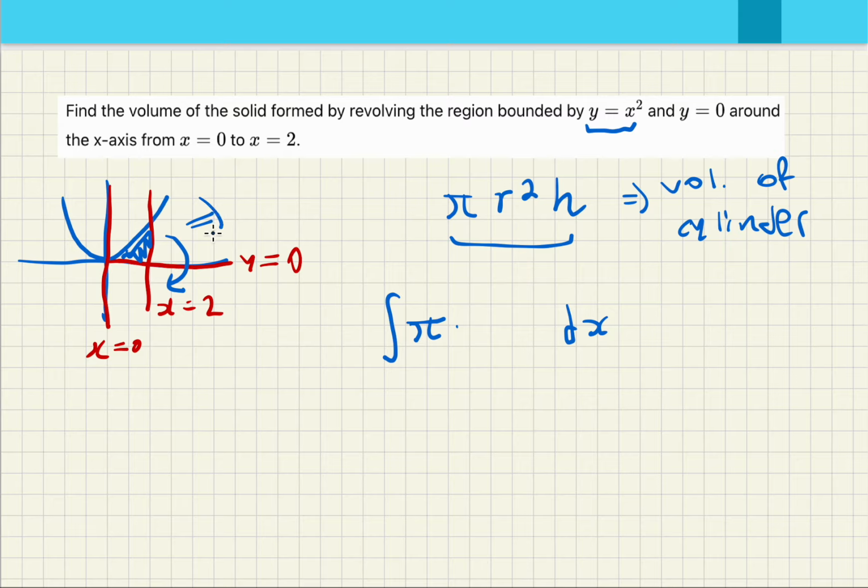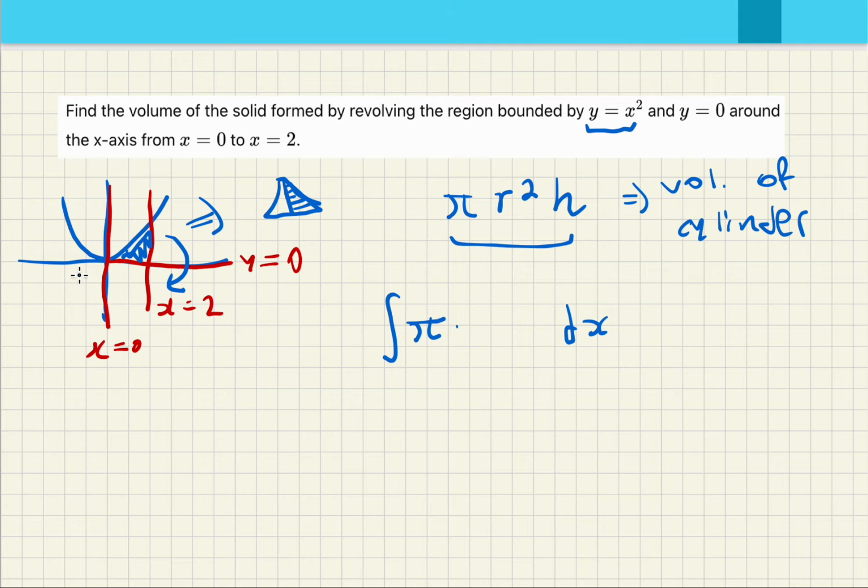Now again, when we revolve around the x-axis, we get something like this, right? And so the radius is this region, all of these multiple regions, right? This is the diameter, and it changes constantly. And the radius, it changes constantly as well.